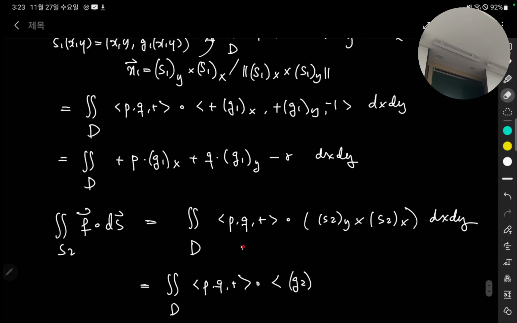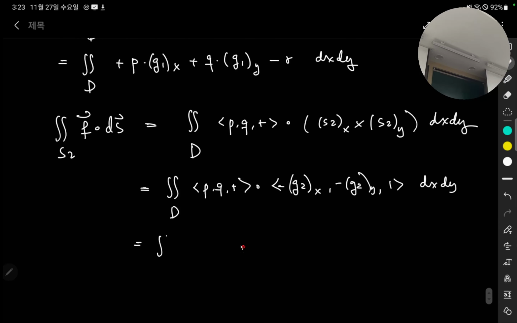And when you do the S2 part, then you have to take xy. So minus G2x, minus G2y, 1, dx dy. So it becomes minus P G2x minus Q G2y plus R, dx dy.